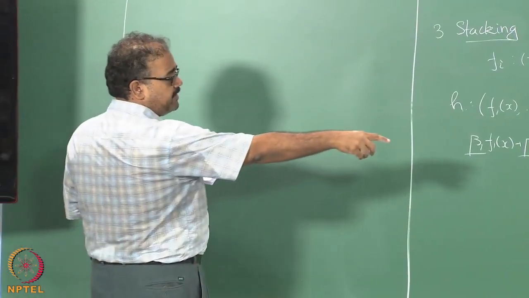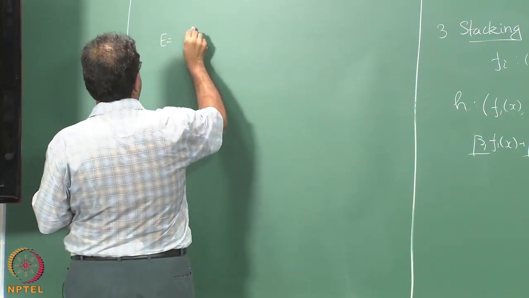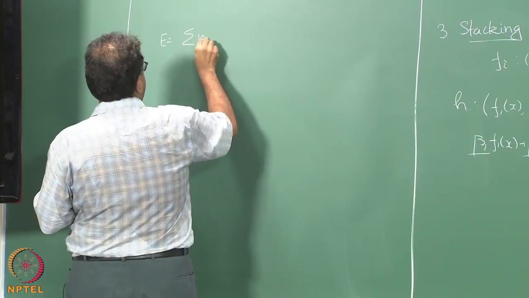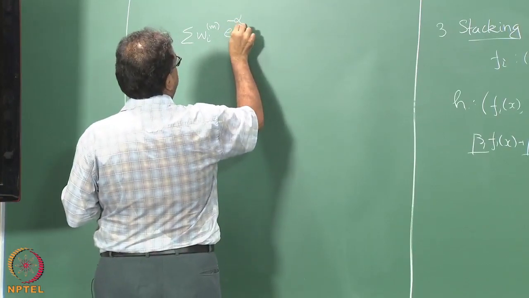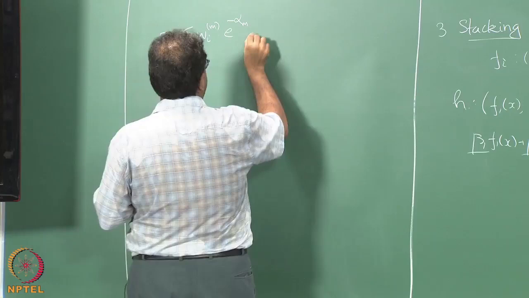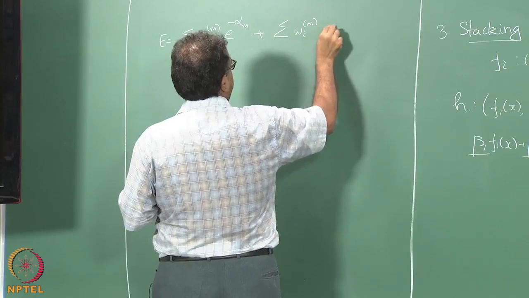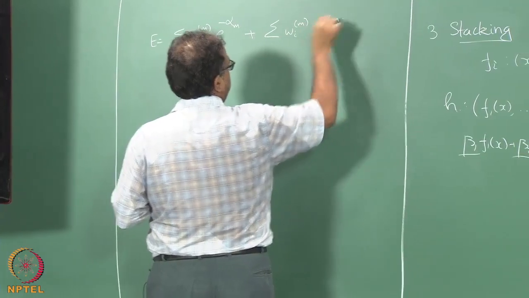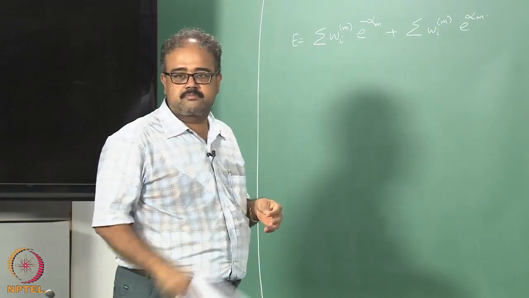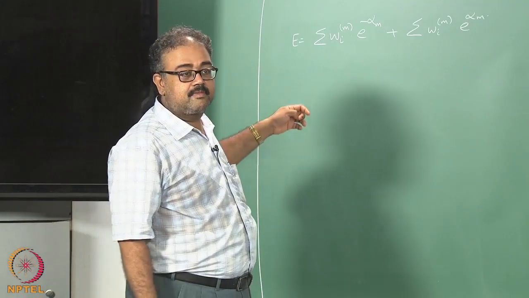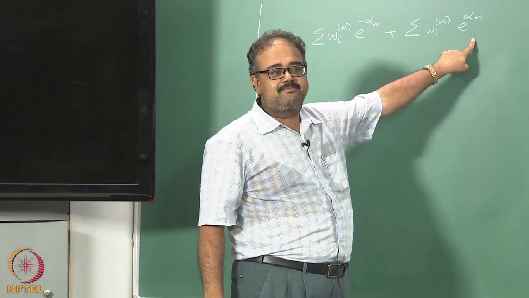Okay, now I am going to break that sum up into two components. So what do you think of these two components? Bias and variance? No. This varies here, e power alpha m anything.